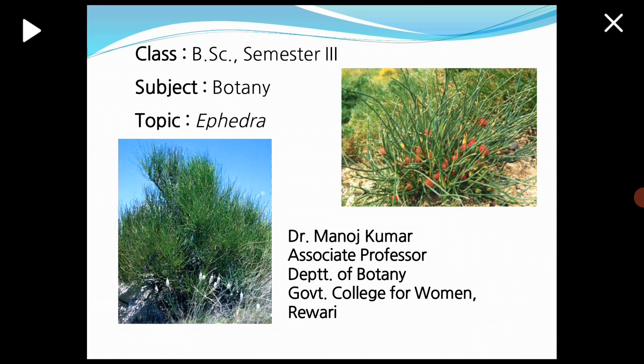In the western hemisphere, they occur abundantly in the Andes region of South America, New Mexico, California, and North America. In India, about 8 species have been recorded.